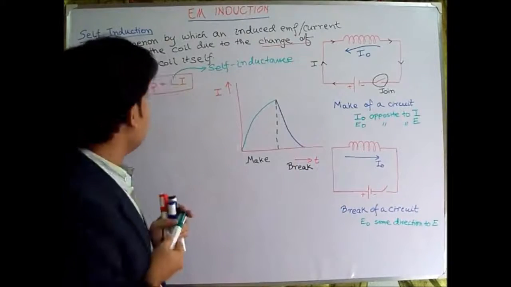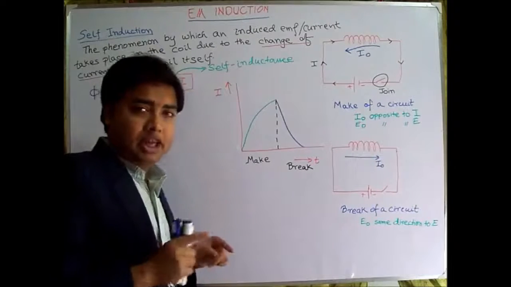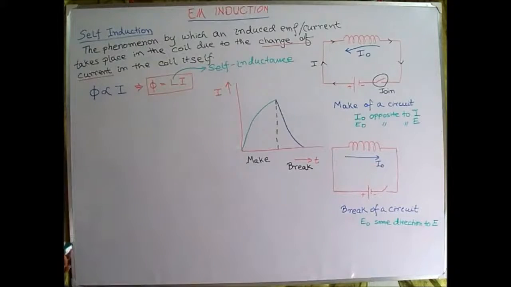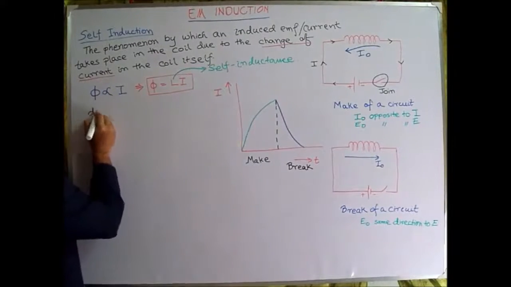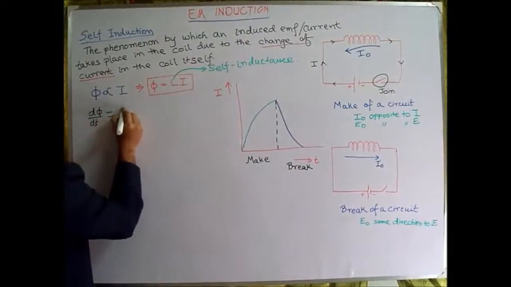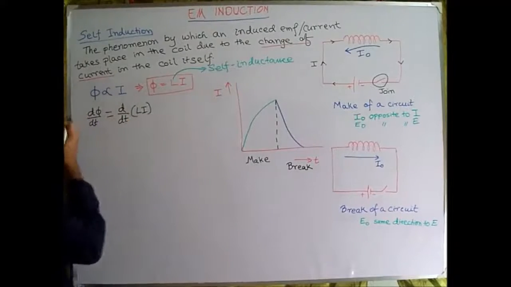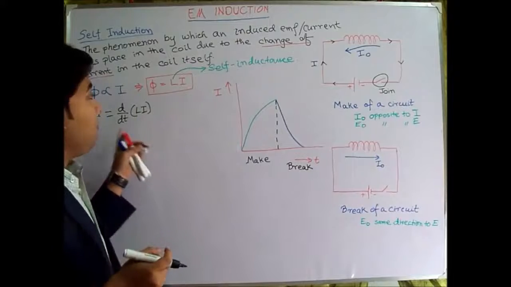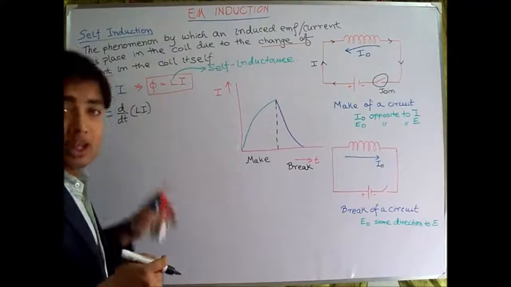Right? Now, taking this equation, if we differentiate both sides with respect to time, we get d by dt of phi equals d by dt of Li. Now this L will be a constant. It will depend on the material or something, but it is surely a constant.